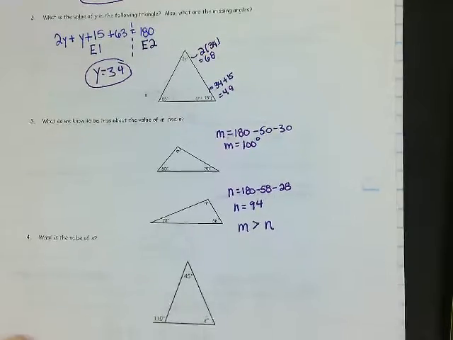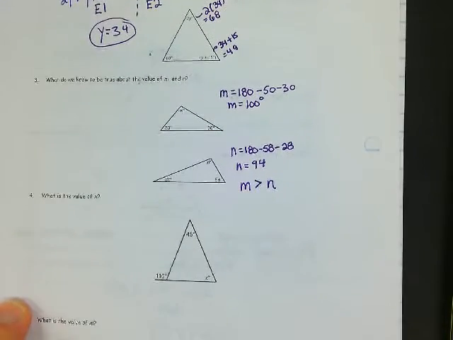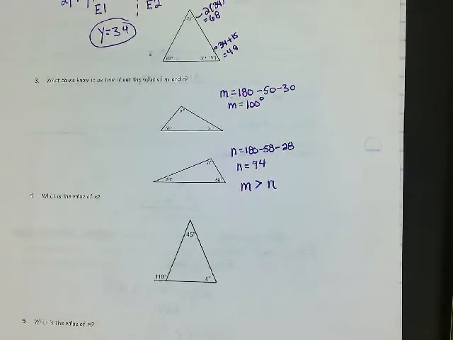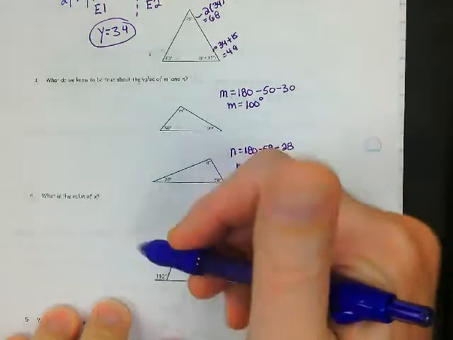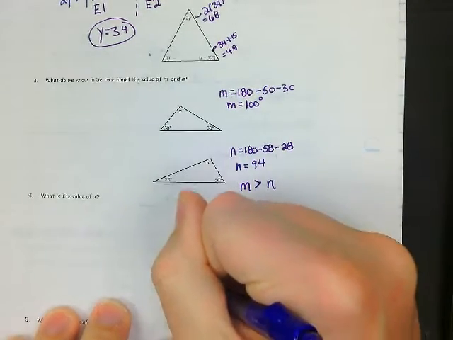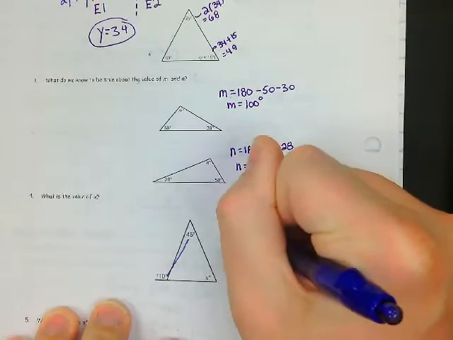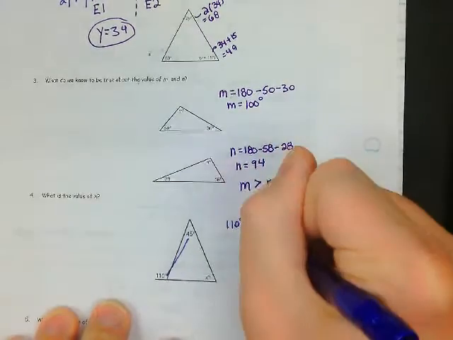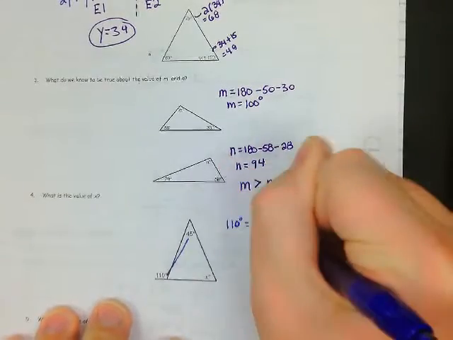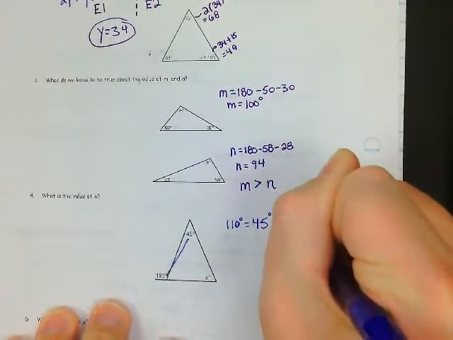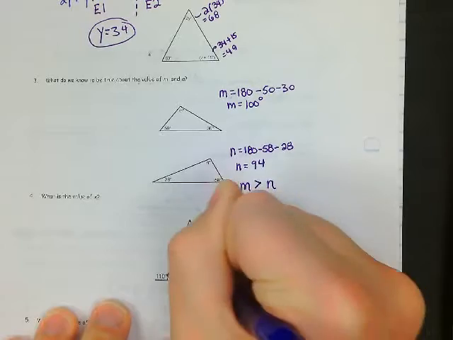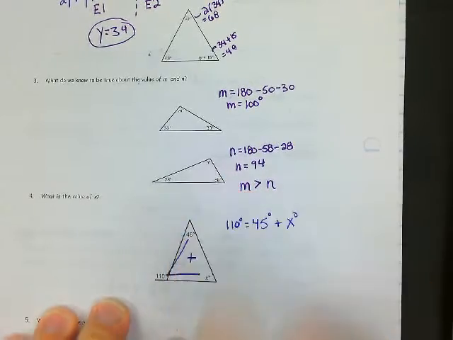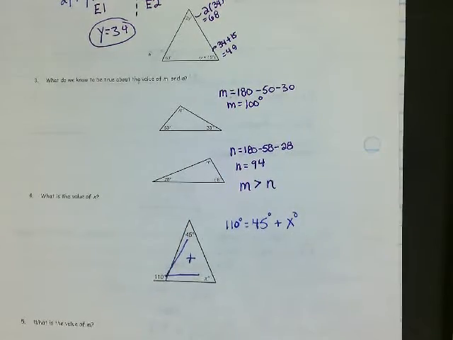All right, this one involves your exterior angles theorem. Now I don't really have to, but I'm going to use the equation solver for this because I need to know that this 110 degrees is equal to this 45 degrees plus this x degrees. I'm going to add those two numbers.